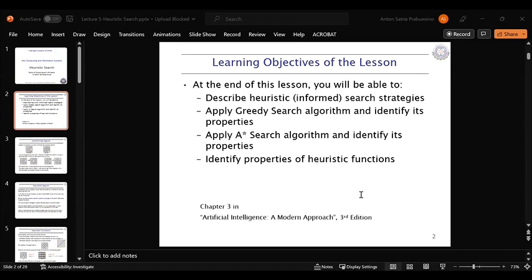Yeah, before we go to this lesson, I'm going to ask you to again read chapter 3 of Artificial Intelligence: A Modern Approach, for the search agent.